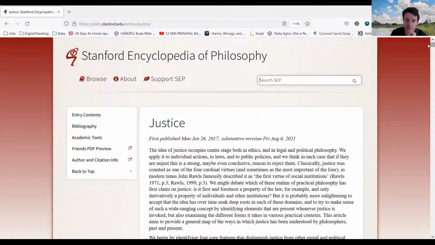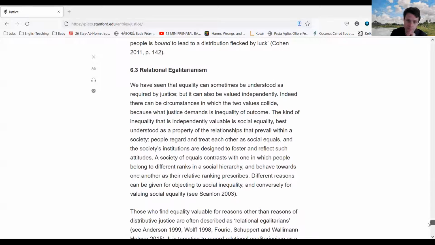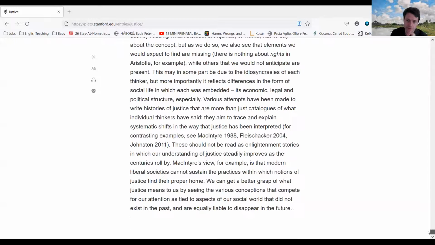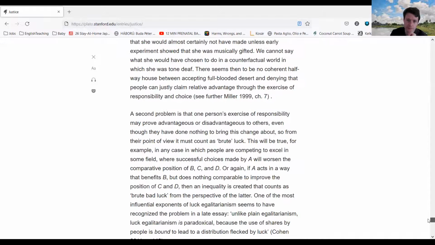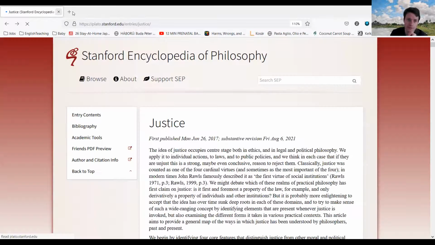And of course, they have a very detailed entry on justice. If you check this, this would translate into something that you would read in probably about 2 hours, even if it would just be a normal text. But of course, it's a philosophical text, so count maybe 3 hours easily for reading the whole entry.